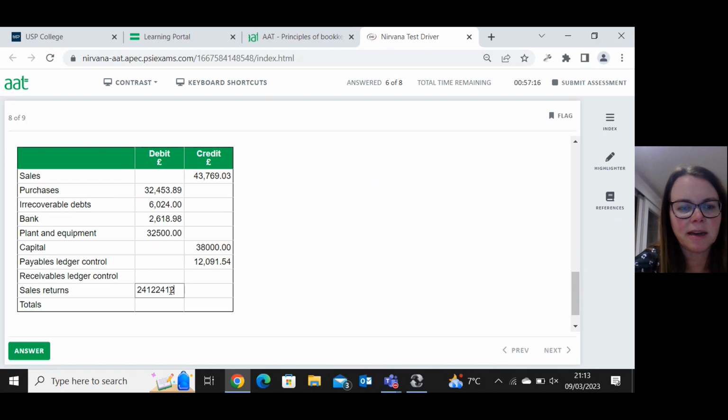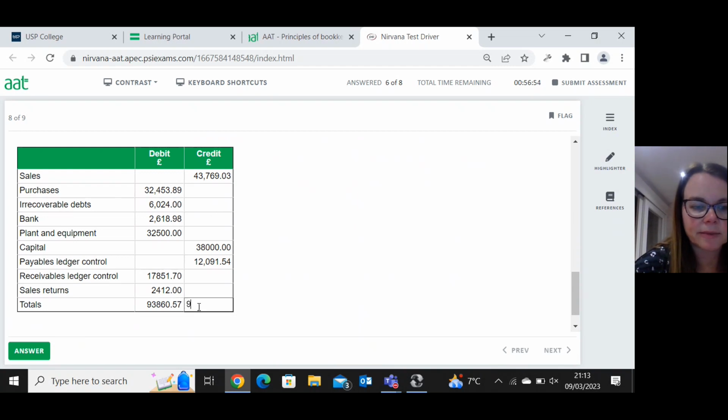The RLCA was a debit brought down of £17,851.70. And then when you add it all up, it's £93,860.57 on both sides.